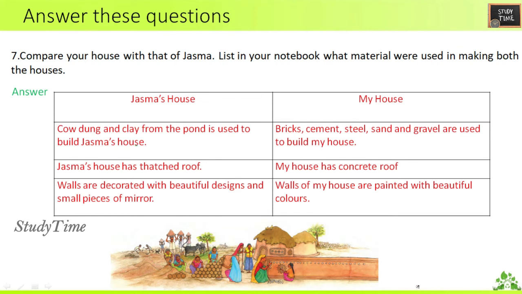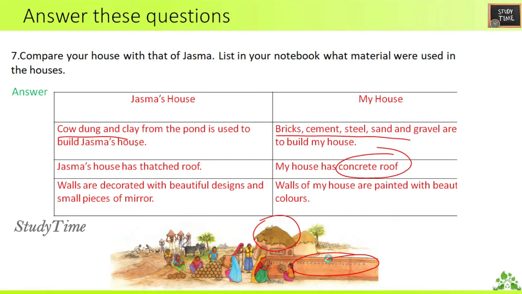Jasma's house is built with cow dung and clay, whereas your house is built with bricks, cement, steel. Jasma's house has a thatched roof, whereas your house has a concrete roof. The walls are decorated with beautiful designs and small pieces of mirror. The walls of our house are painted with beautiful colors.